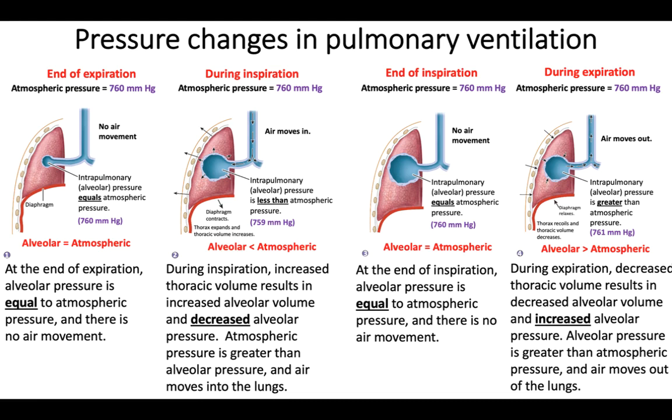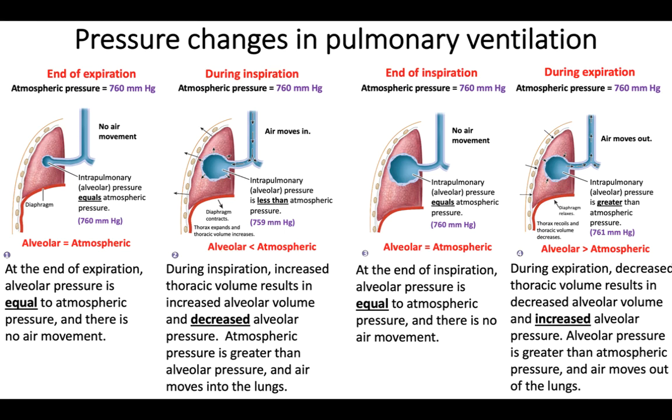Okay? Then all of a sudden, they equal each other again. Because you made that lung larger, but you also added a bunch of air in there. And now they're equal again. So at the end of inspiration or inhalation, the pressures equal each other again.